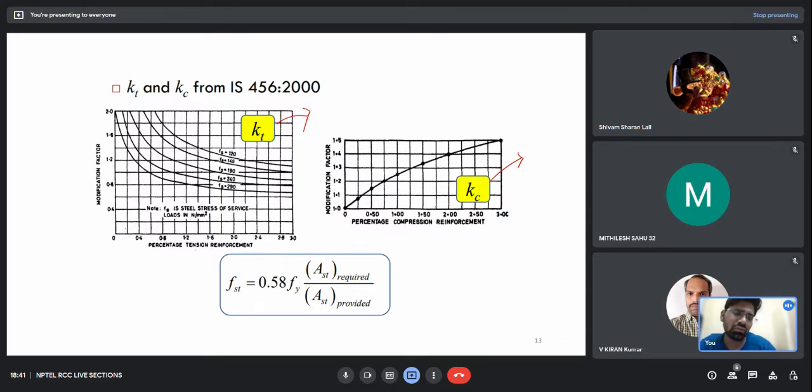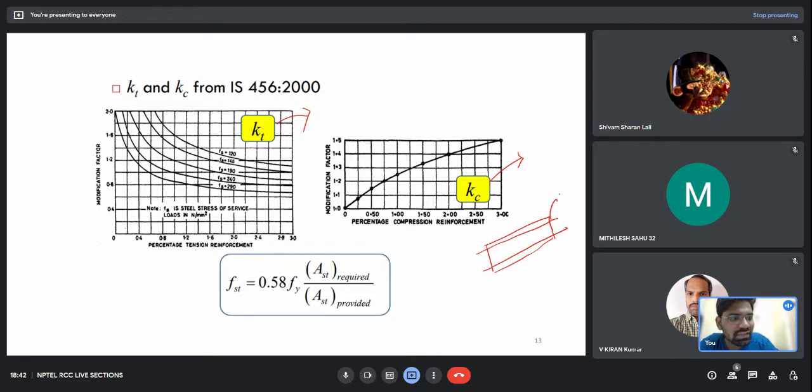Okay, so the physical interpretation of this, why do we need to multiply by this modification factor, is that from many researchers, it has been observed that the bars which are present, suppose this is the longitudinal view of our beam.